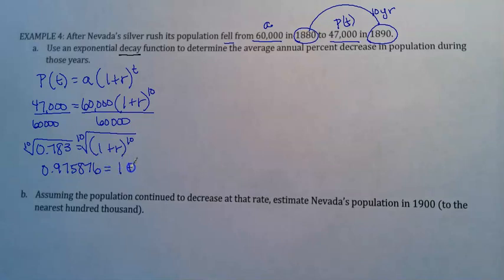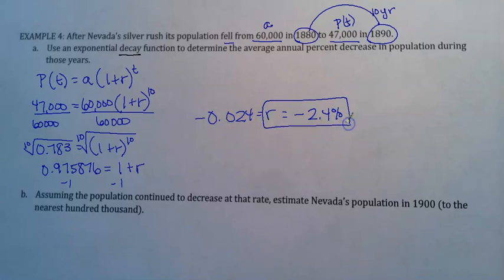So I wrote out more digits. This equals 1 plus R. You subtract 1 from both sides, and we're going to get negative 0.024 equals our R, which is equal to negative, remember moving your decimal over, 2.4%. So the rate of decrease is 2.4%, or population exponential decay.